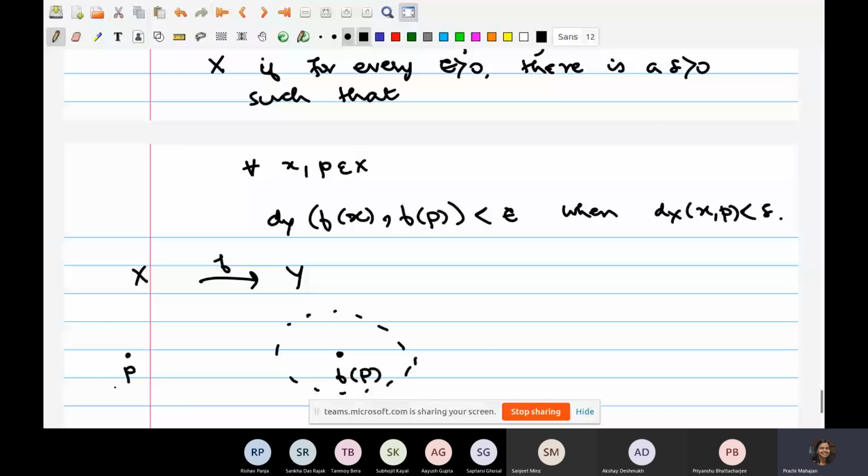There is a delta such that whenever you are in this delta neighborhood of the point p, f takes you into an epsilon neighborhood of f of p, right?